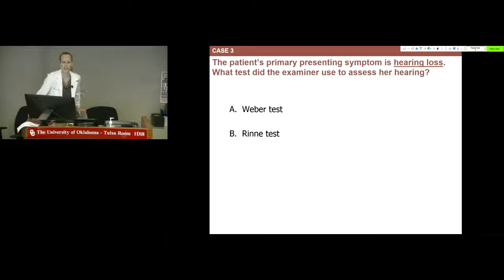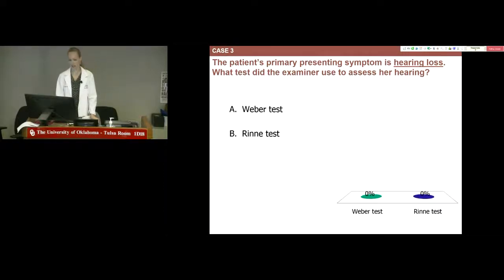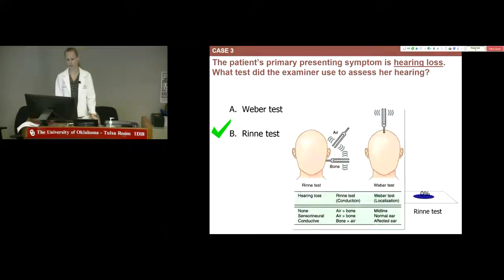So which test did the examiner use to assess her hearing based on what it said? The test said a vibrating tuning fork sounded louder when held just outside the left ear than when the handle was touched to the left mastoid process. So which test was that? Okay. Yep, so that's the Rinne or the Renee test, depending on how fancy you want to be.